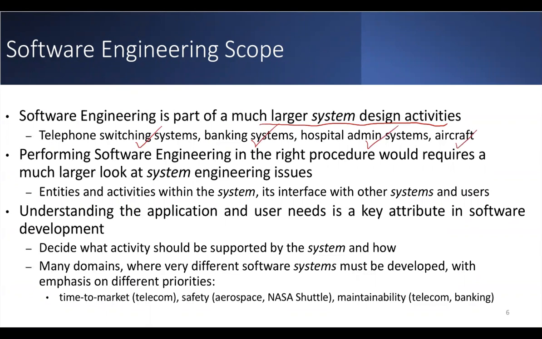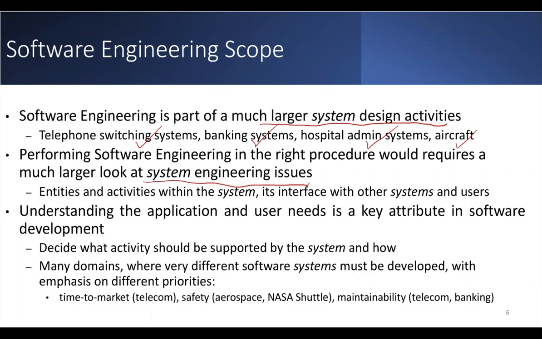One thing you should always ask is: can we always perform software engineering in the right procedure that would generate a high quality product at the end? That's a big question, and it's a great challenge. In order to perform software engineering in the right procedure, we need a deeper investigation into the system engineering issues that might arise when we apply software engineering to larger systems.